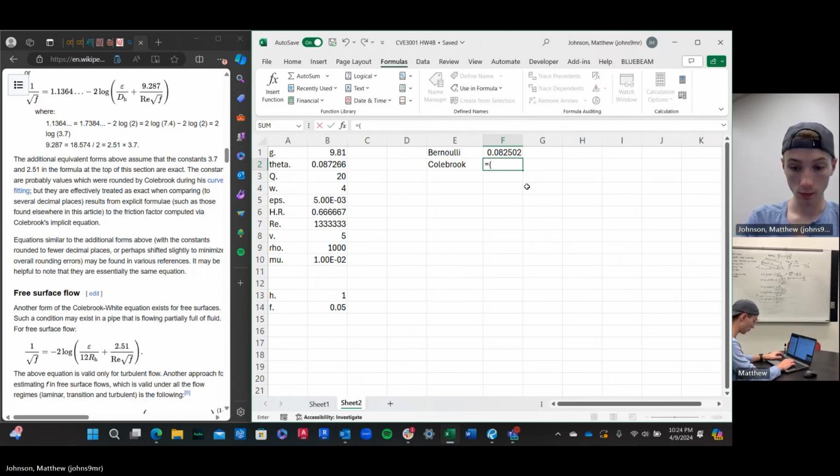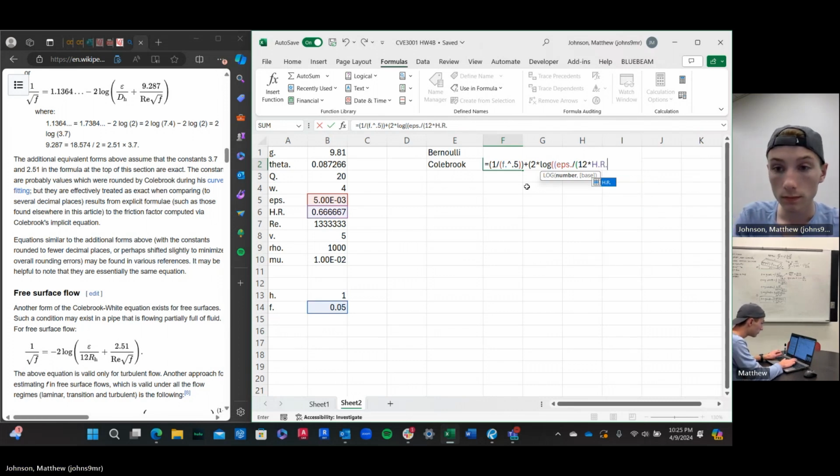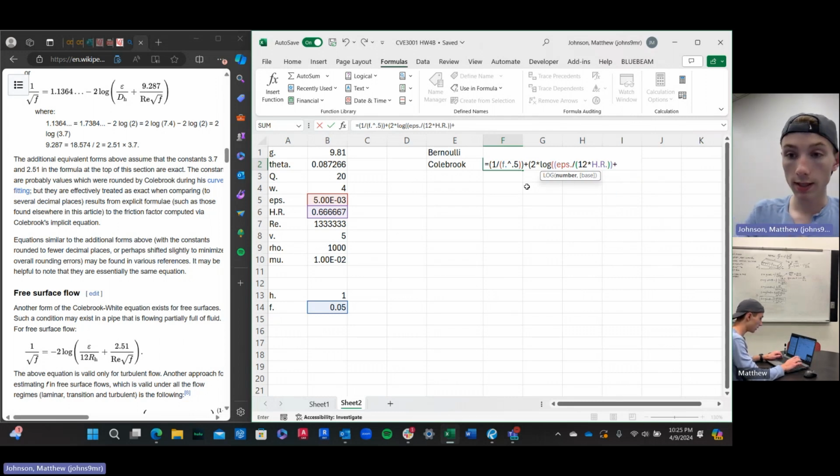We have 1 divided by the square root of the friction factor, plus, I'm adding it to the other side, 2 times the log of the epsilon value divided by 12 times, oh, not the Reynolds number, the hydraulic radius, plus 2.51 divided by the Reynolds number times friction factor to the 0.5 power.